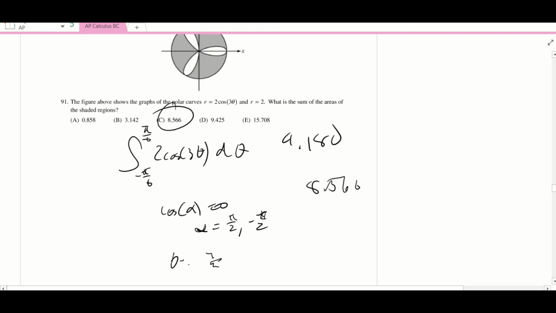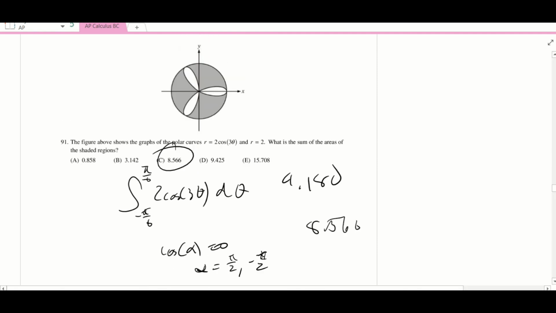So if you're watching here, don't do what I did, and make sure your calculator is in radians, and also make sure that you don't do silly mistakes like I did, like integrating all the way to 2 pi instead of negative pi over 6.